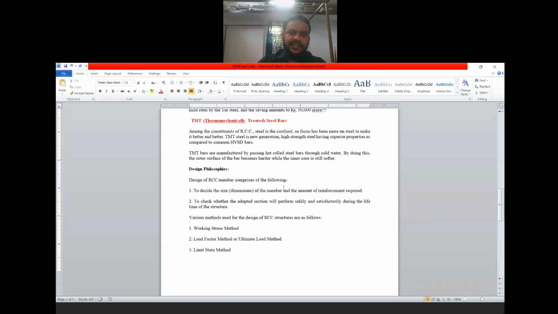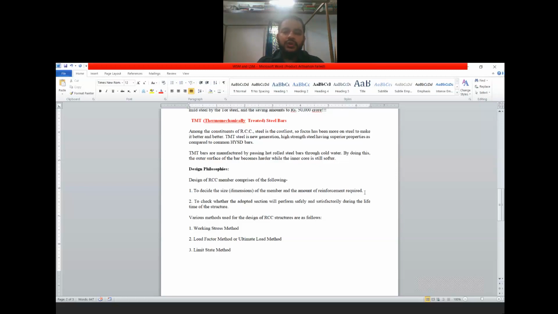First, to decide the size of the member and the amount of reinforcement required. Before going for the construction, first we have to know the size of individual members. That means if you are going to construct a beam, you must know the size of the required beam, the size of that required column, or the size of that footing.